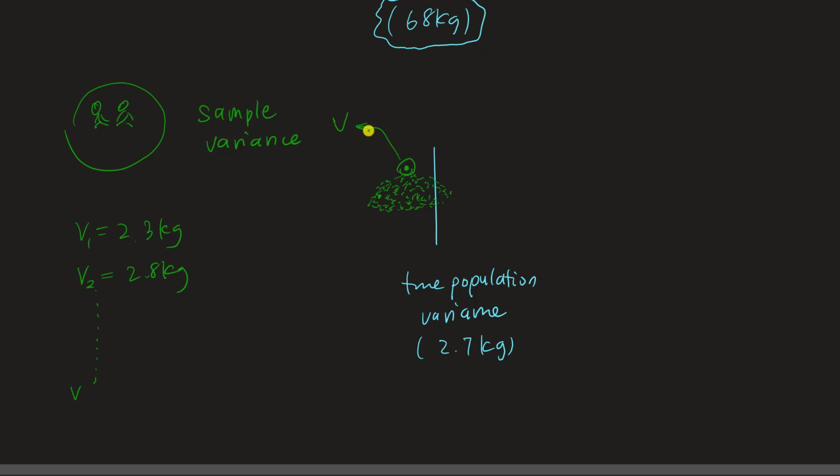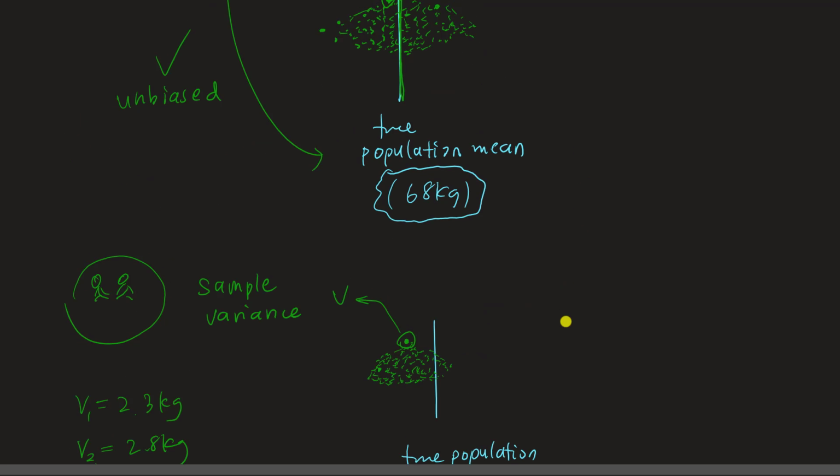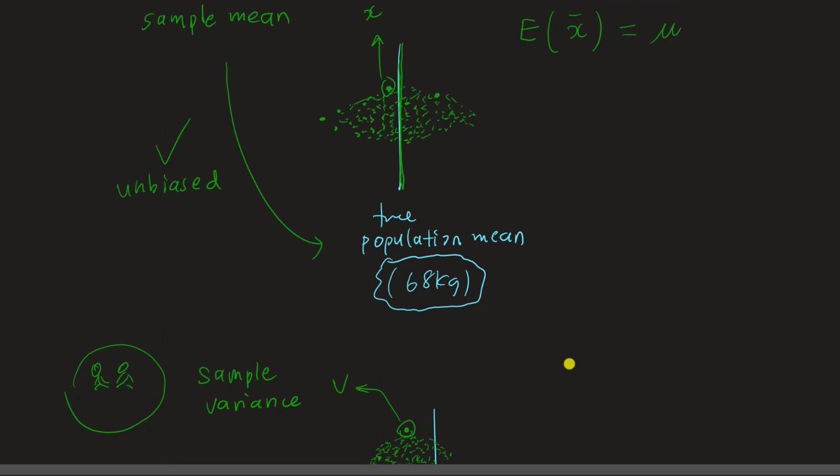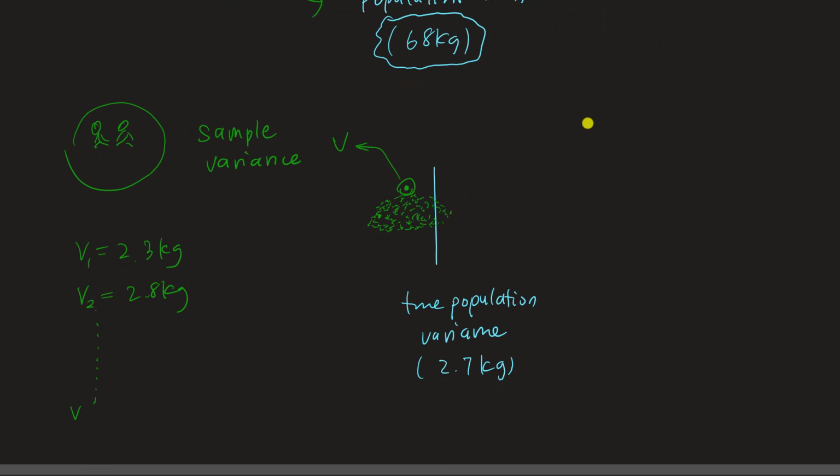You notice the difference between this picture and this picture? The center of your sample mean would fall in line with your true population mean, but the center of this sample variance, in other words, the average of your sample variance, is actually slightly to the left of the true population variance.